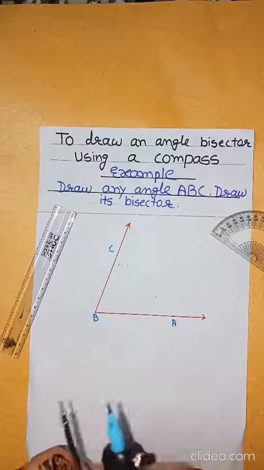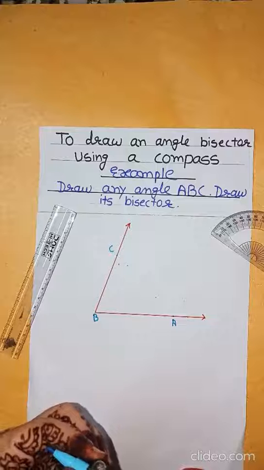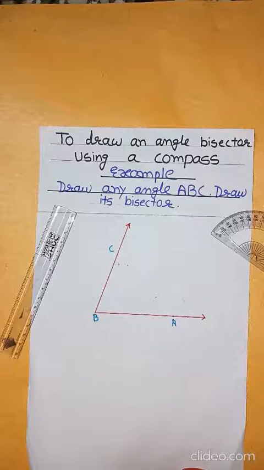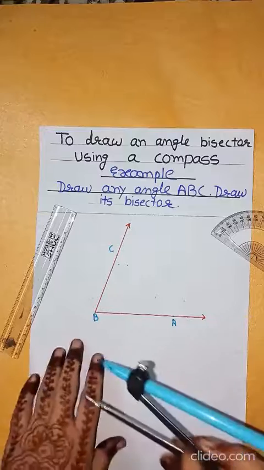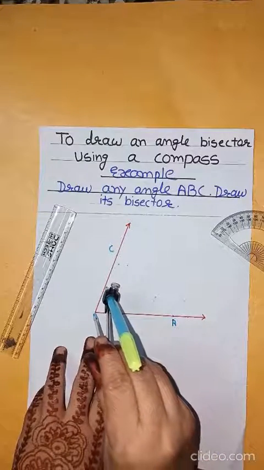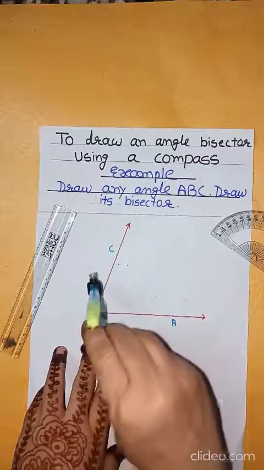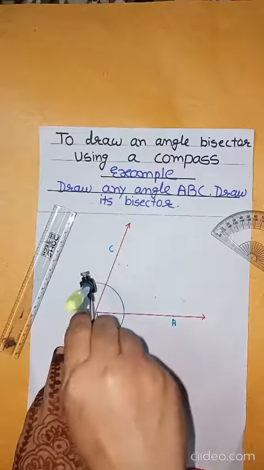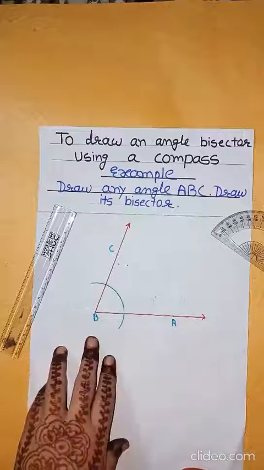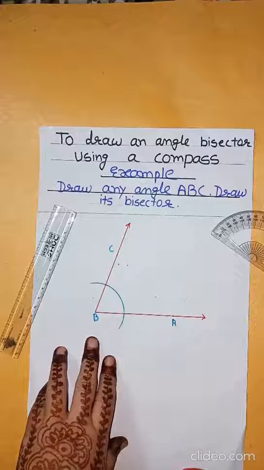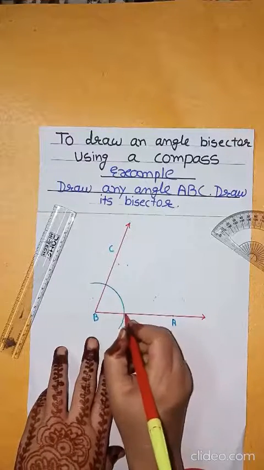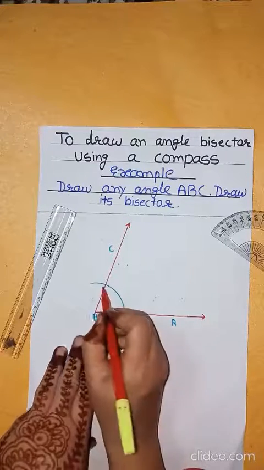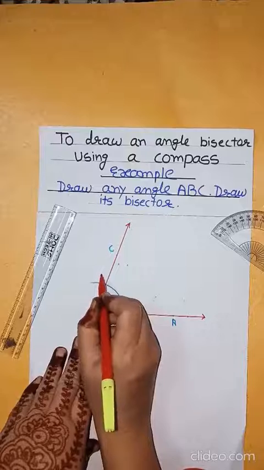You have to fix one pencil in this end of the compass, and you have to take appropriate distance between the two arms of the compass, and keeping steel point of the compass on point B, you have to draw an arc which intersects the two arms of the angle at two distinct points. Now you have to name this point as point P and this point as Q.